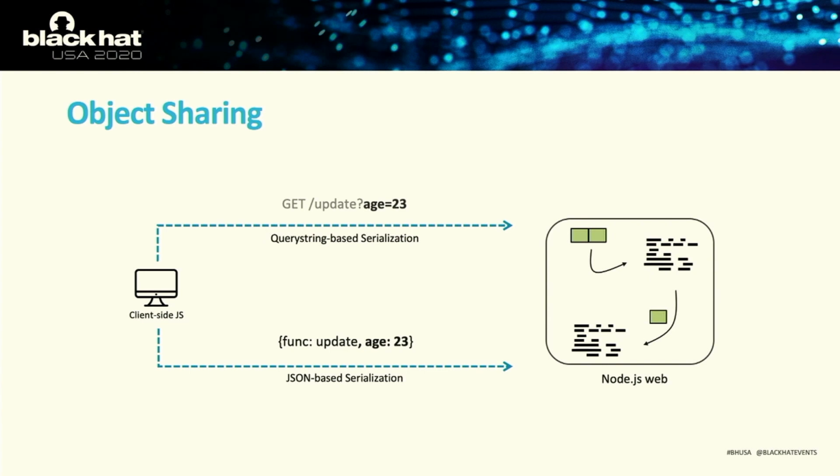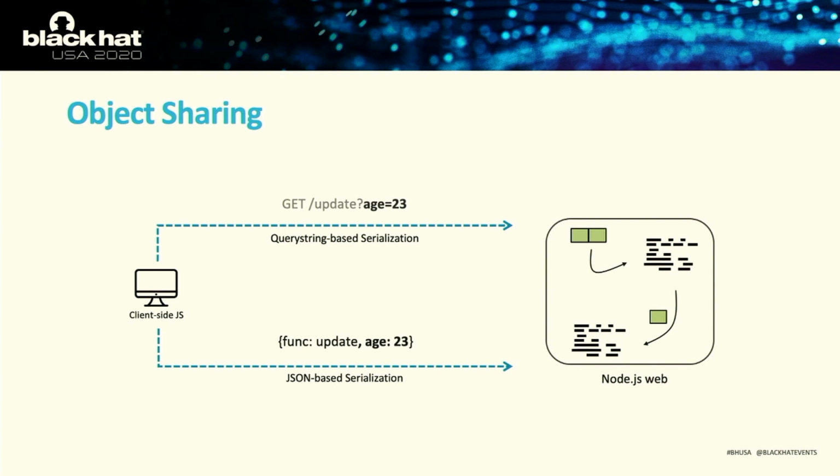Or he can send a JSON stream to the server, for example in the POST body. Upon receiving the request, the Node.js server will parse the data into an object. The object can then propagate into the corresponding logic in the program. This is basically how Node.js object sharing is carried out.